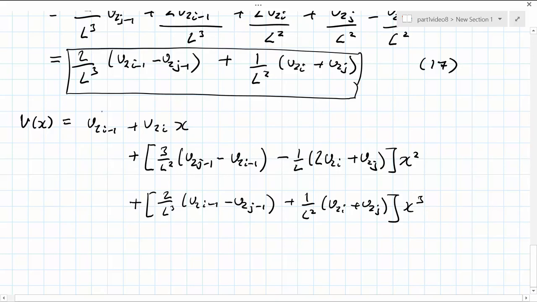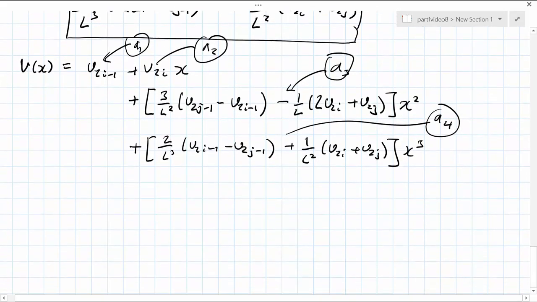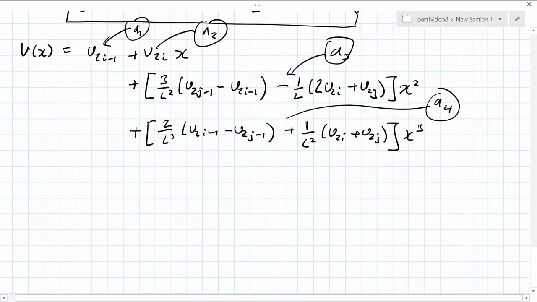So, just as a reminder, this is a1, this is a2, this is a3, and this is a4. So you've now determined what these are. We just need to tidy up the mathematics a little bit. So we can collect coefficients of u2i minus 1, u2i, u2j minus 1, and u2j.